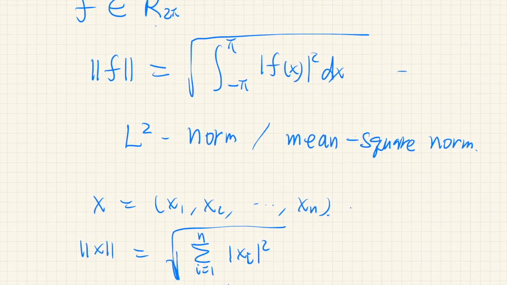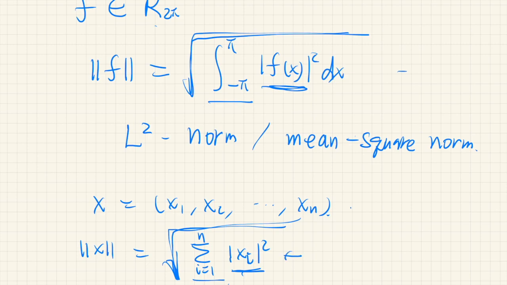So they are very similar. Instead of summation, we have integration here. Otherwise, it's all the same. Elements are squared here, and then after taking the sum or integral, we take the square root. So they are parallel to each other in a sense.